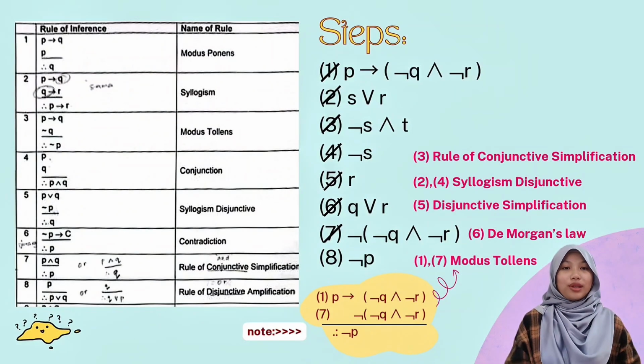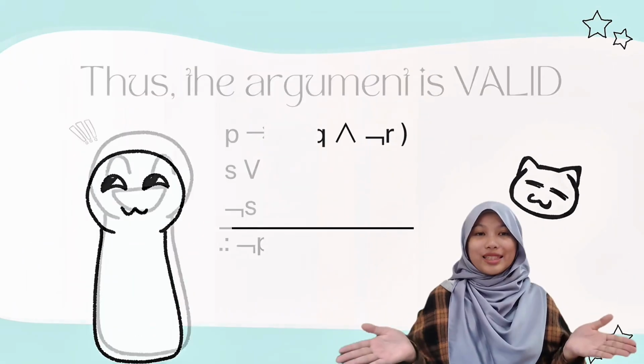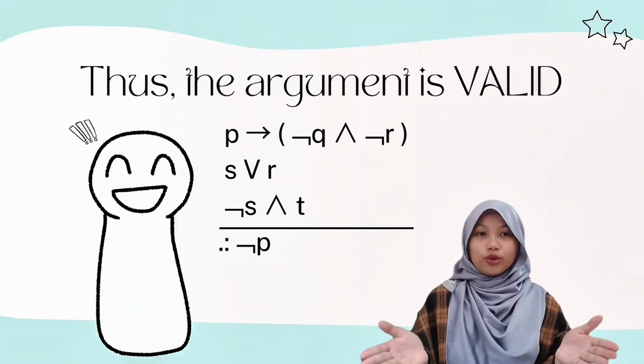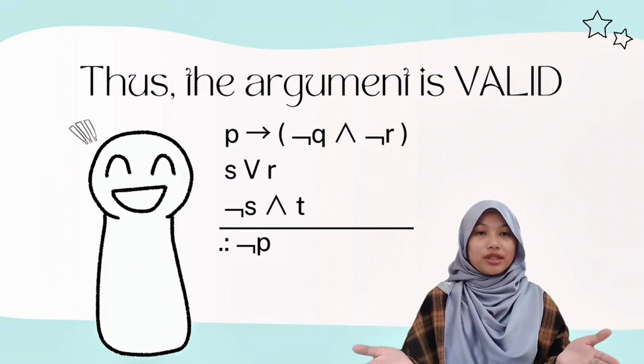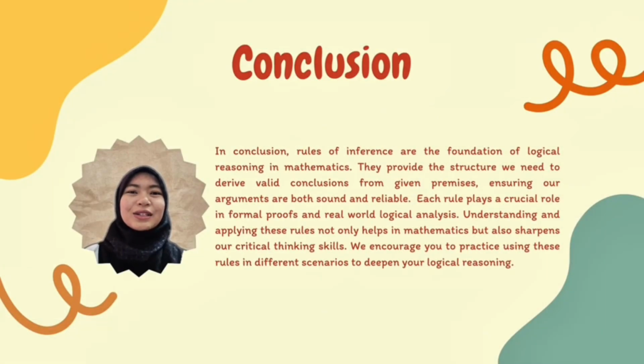And this has completed our proof. Thus, the argument is valid. In simple terms, we move step by step using valid inference rules to show that the given premises logically lead to not P. In conclusion, rules of inference are the foundation of logical reasoning in mathematics.